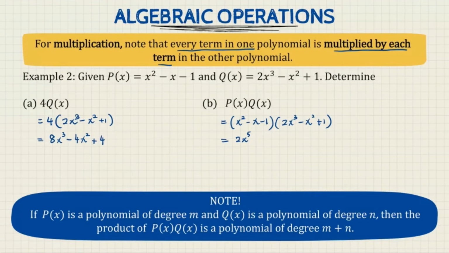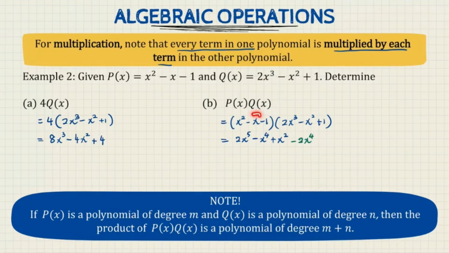And then we have minus x to the power of 4. x square multiplied by negative x square. And then x square multiplied by 1 will be plus x square. Okay, next. I'll use another colour: we have negative x times 2x cube. So negative 2x to the power of 4.